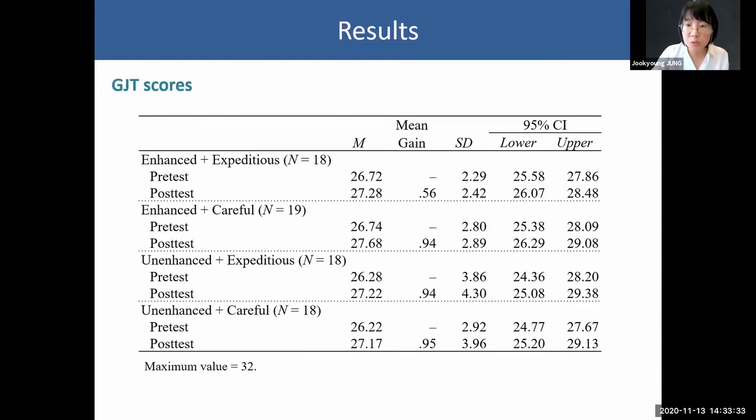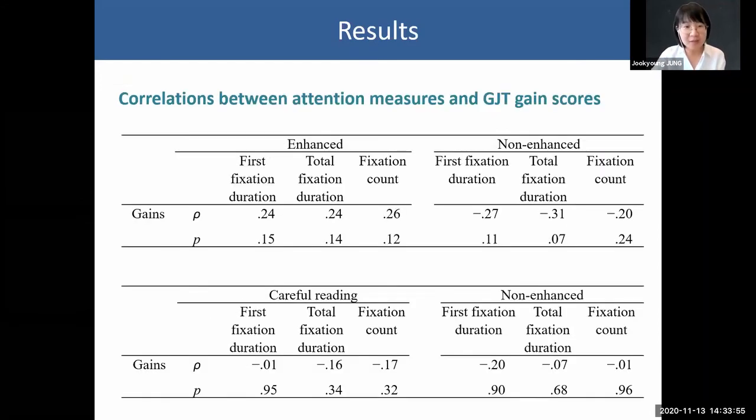What about GJT scores? Unfortunately, we could not see any significance from the GJT scores. In other words, both input enhancement and task manipulation did not affect their GJT scores, unfortunately. But also, it was an interesting finding for us.